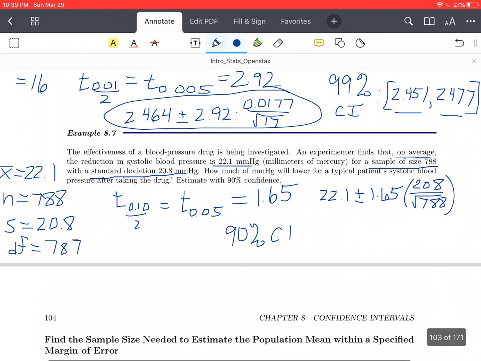So our 90% confidence interval is going to be from 20.877 to 23.323. Okay, so we are 90% confident that the mean reduction in systolic blood pressure is between 20.877 and 23.323 millimeters of mercury. Okay, so that's what that confidence interval is giving to us.